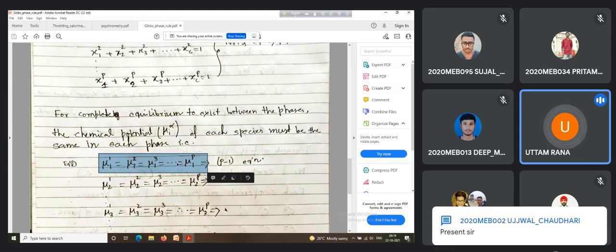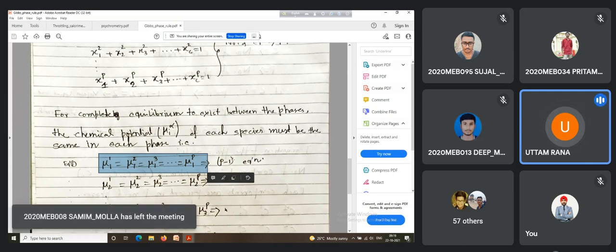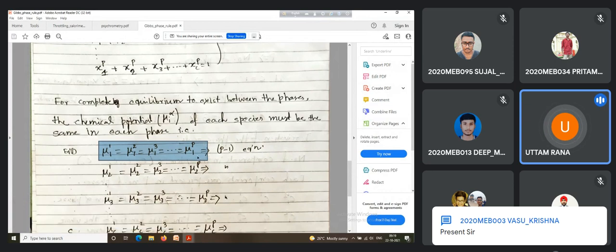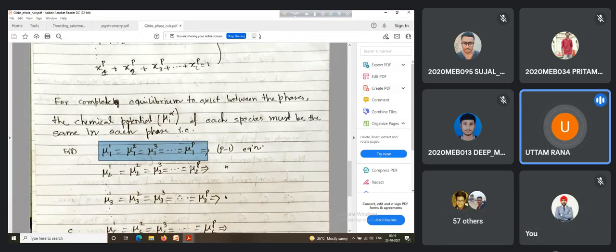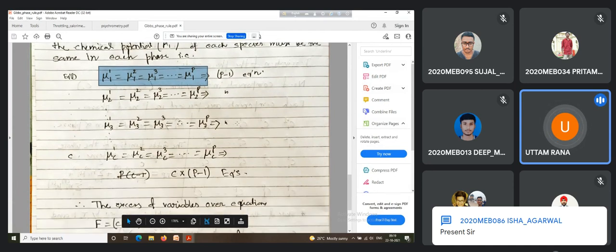If A is equal to B is equal to C is equal to D, there are three equations. Similarly, mu1 in phase 1 is equal to mu1 in phase 2, equal to mu1 in phase 3, up to mu1 in phase P, which corresponds to P minus 1 equations. If there are C components, there may be C into P minus 1 equations.